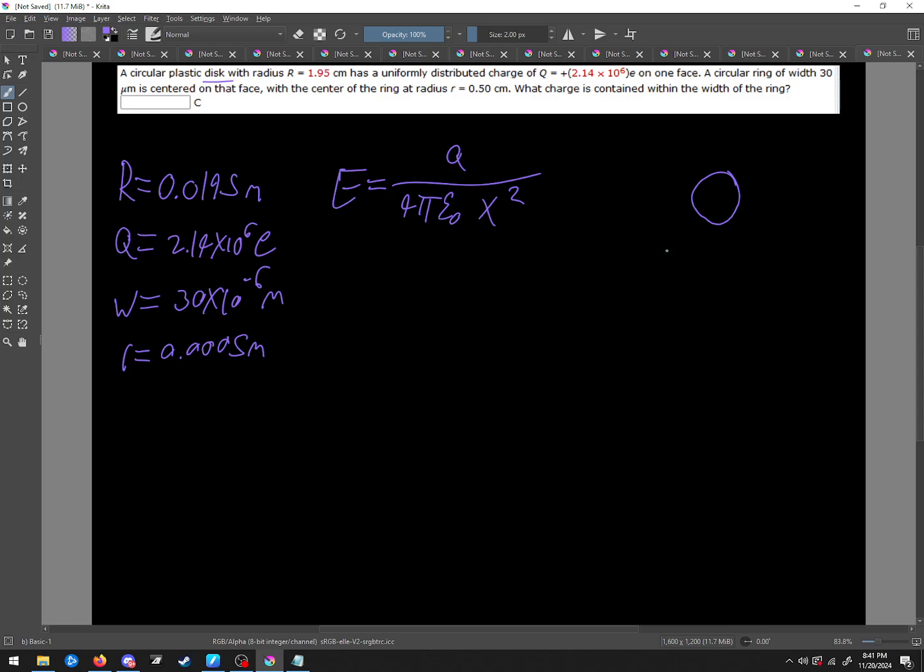And we have a, okay, it looks like we have a disc here. This is going to be fully shaded. Then we have a circular ring on that, with the center of the ring at radius.